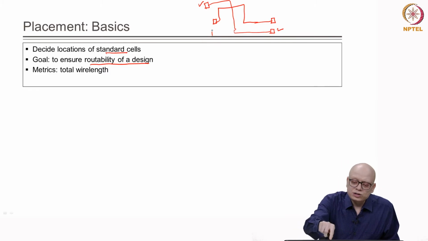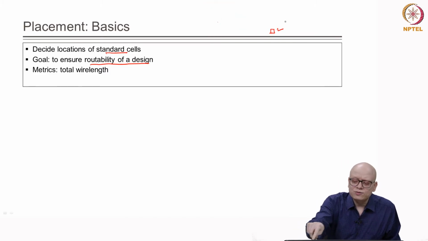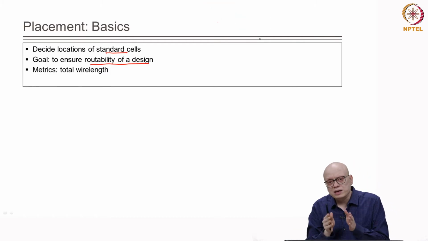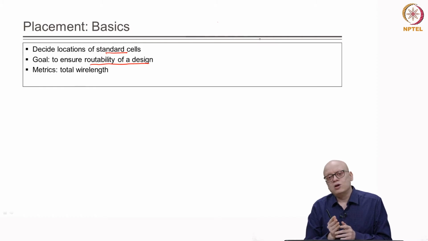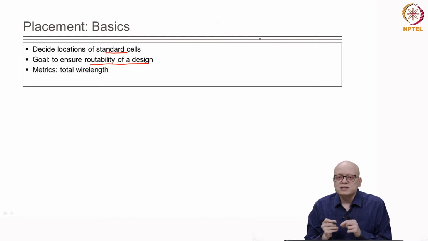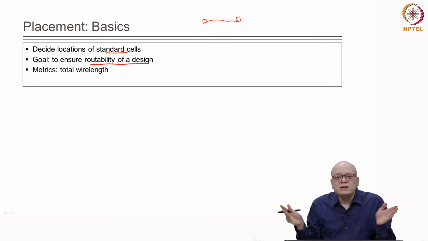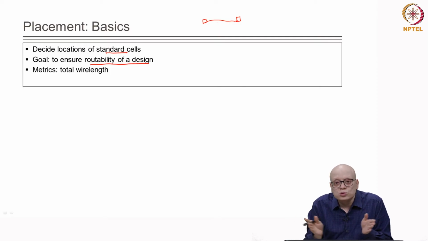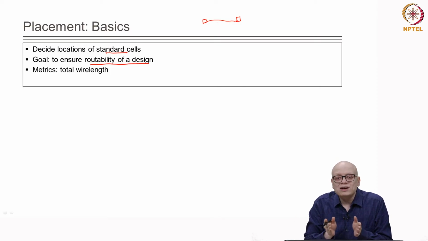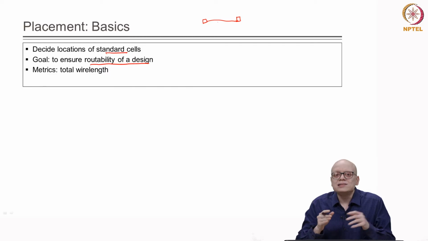And intuitively what it means is that if we minimize the wire length of the nets, then if two cells are connected through some pin, right, then to minimize it we will keep these two cells close together, right. And if we keep them together, then in some sense routing becomes easier, right.